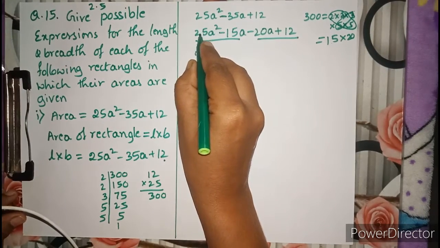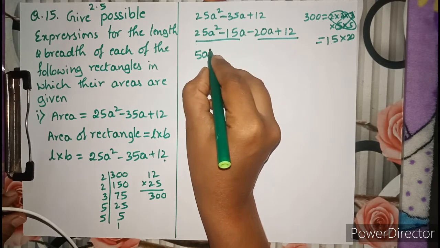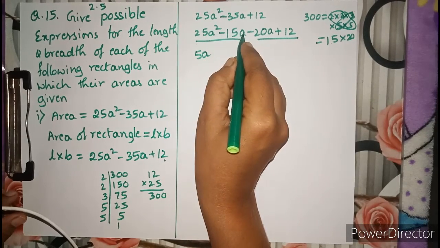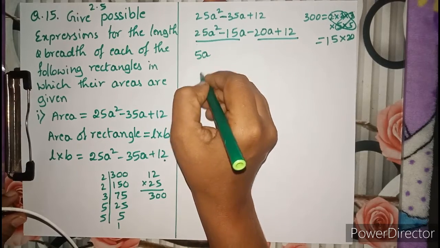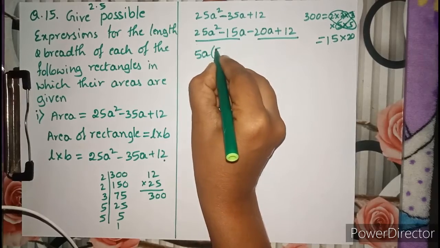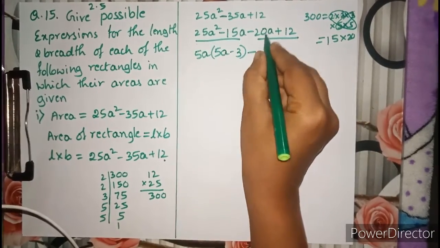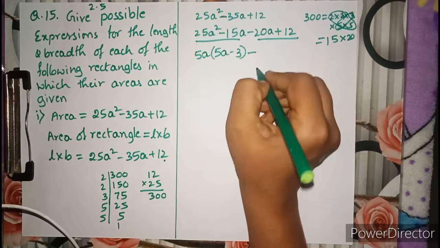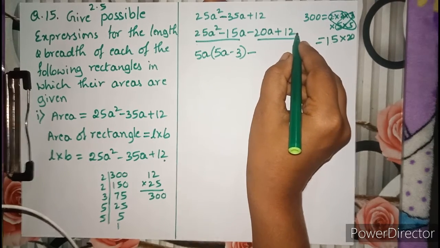Here we have 5 into 5, and here 5 into 3 is 15. So 5 is a common factor, and a square here, we have a, so a is also a common factor. The remaining is 5a minus 3. Here we have 4 as a common factor. 4 into 5 is 20, 4 into 3 is 12.